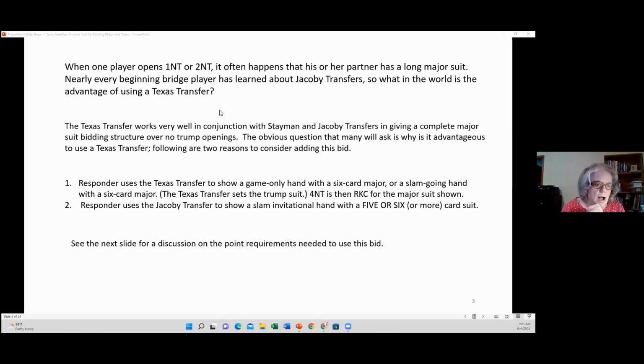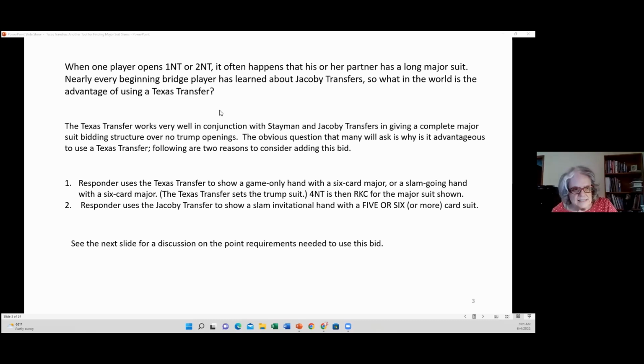It says, partner, I have 6 cards in the indicated major suit and I have enough for game, period. That is what the situation will be about 95% of the time when you use a Texas transfer. It will be a game only hand.